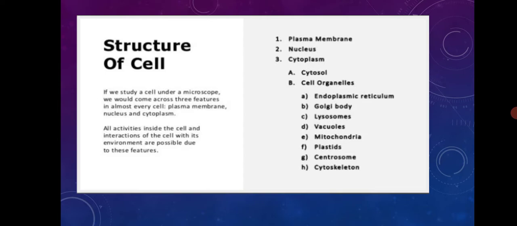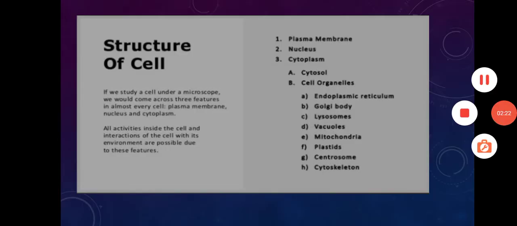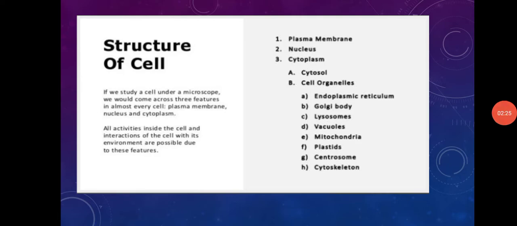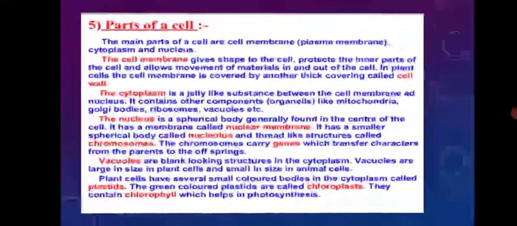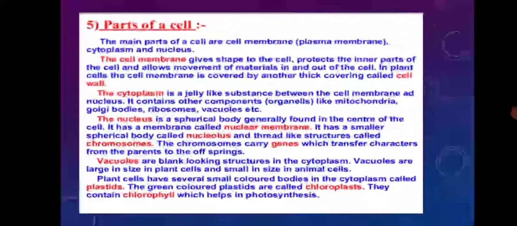In the cell organelles, we will study the endoplasmic reticulum, Golgi bodies, lysosome, vacuoles, mitochondria, plastid, centrosome, and the cytoskeleton. Here I am going to explain each part of the cell that I told you.